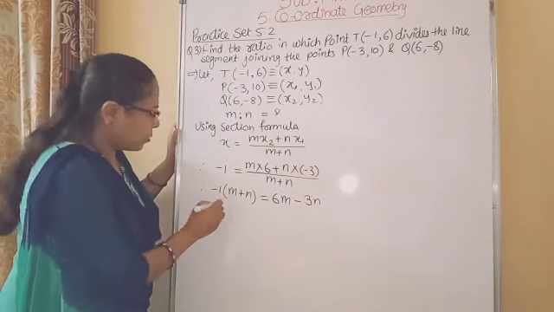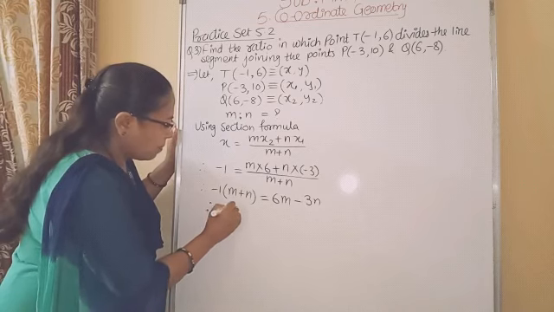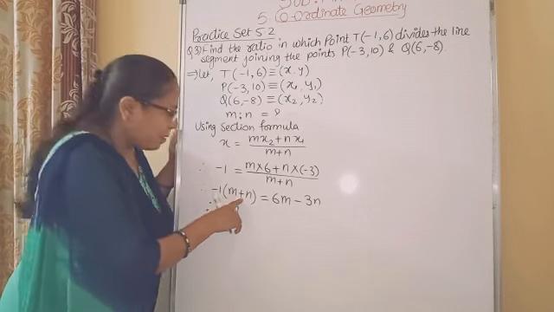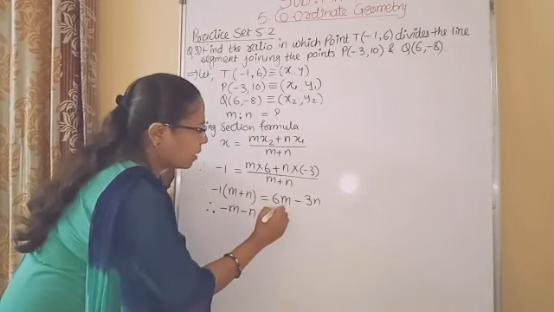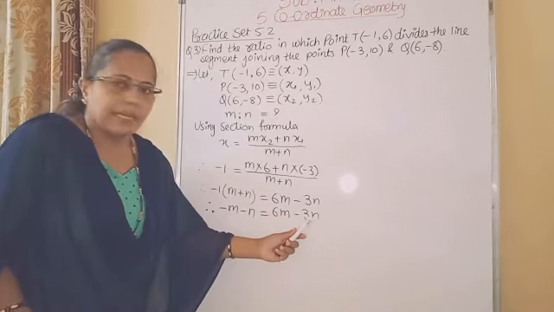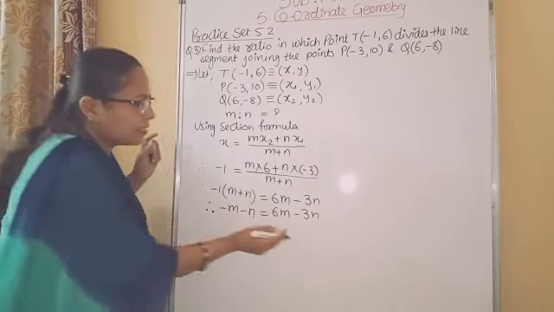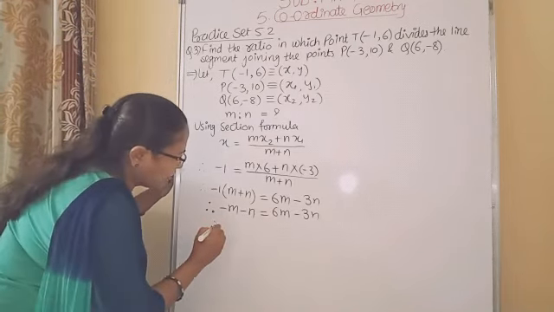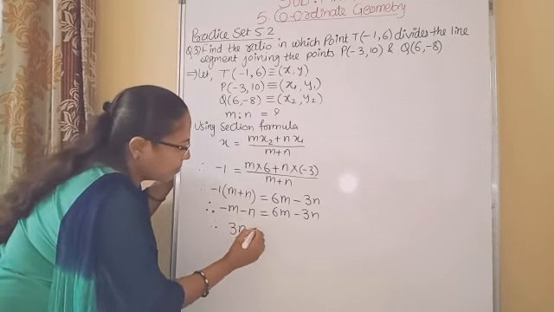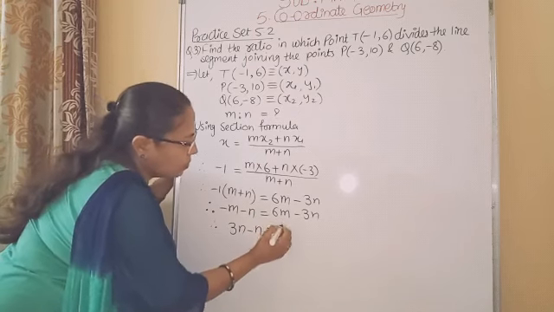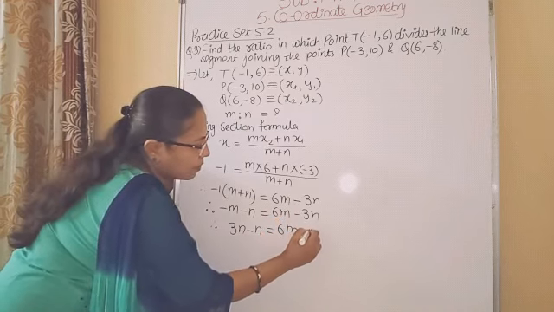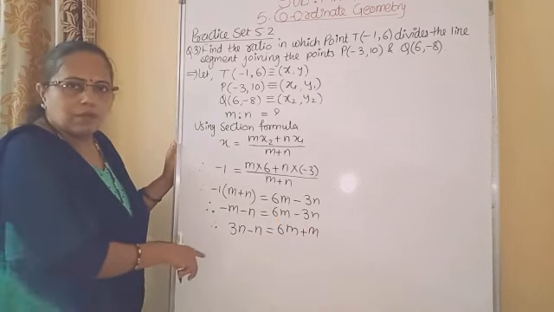Now here -1 into m is -m, -1 into plus n is -n, equal to 6m minus 3n. This -3n we will take on this side, so we will get +3n - n equal to 6m. Take this -m on this side, we will get +m. Follow this step.